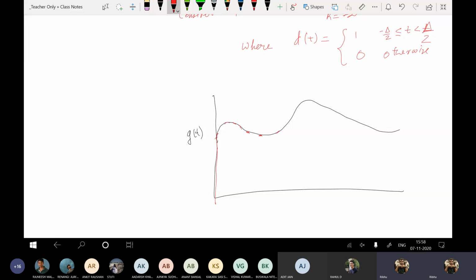So the red markings on this line are the samples that you will be able to collect practically, right?